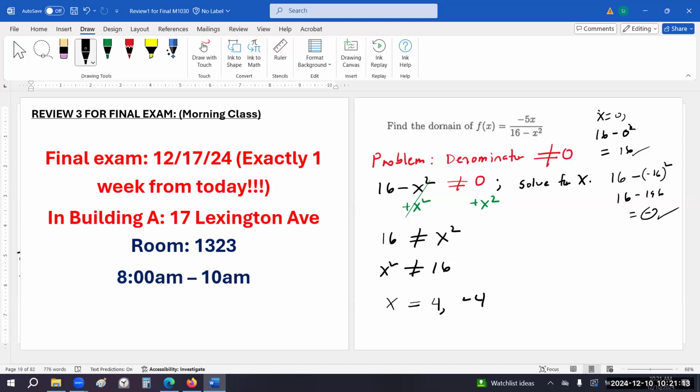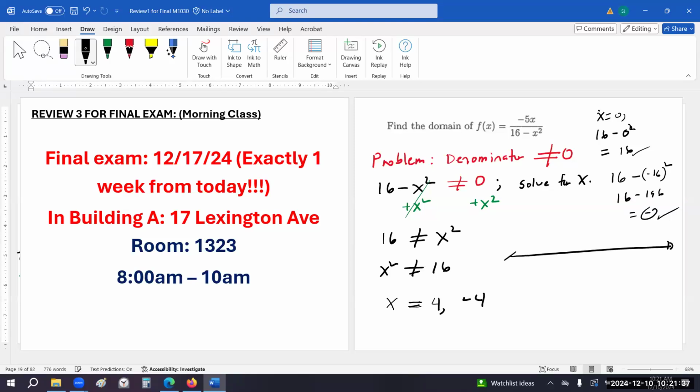That means there are two numbers from the entire number line that we cannot plug in for x in this problem. Because if you do, then our denominator becomes 0, everything becomes invalid. Well, we got the answer, but we are not done because we have to write the answer in interval notation.